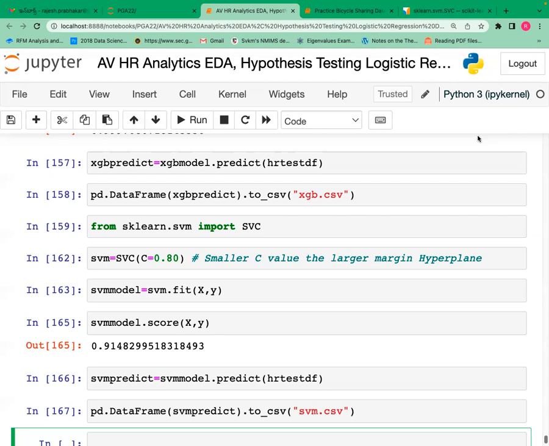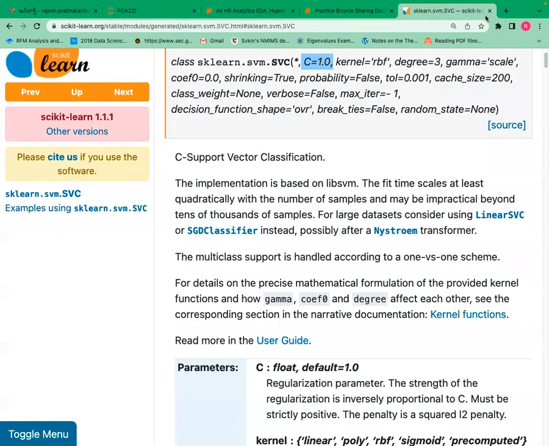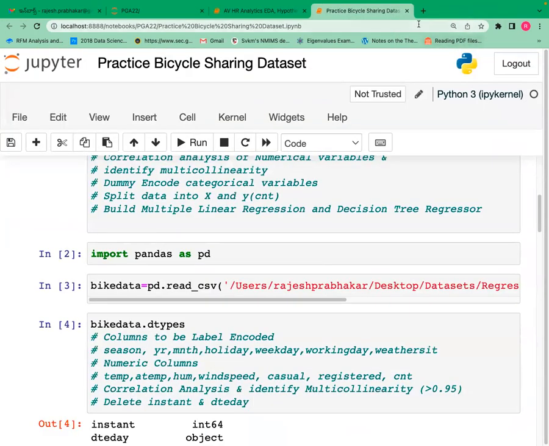So any other data set you got? No, right? So this is all about your support vector machine.